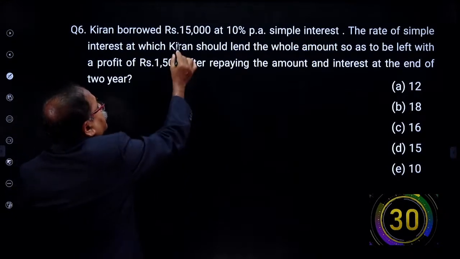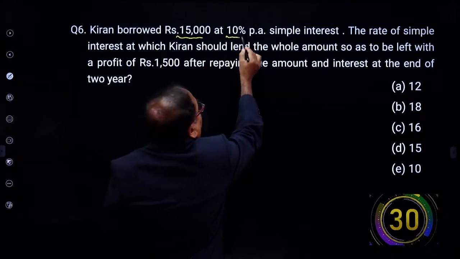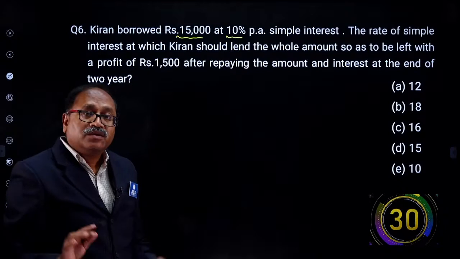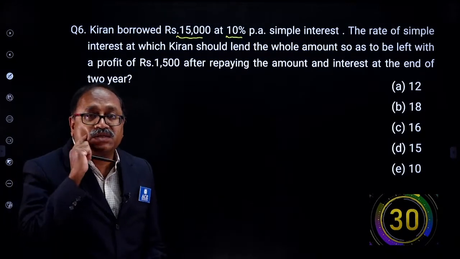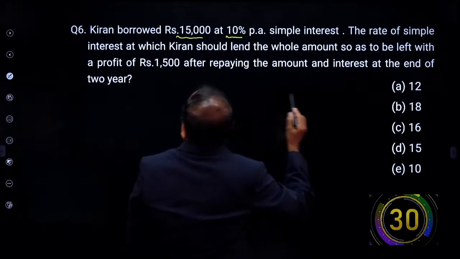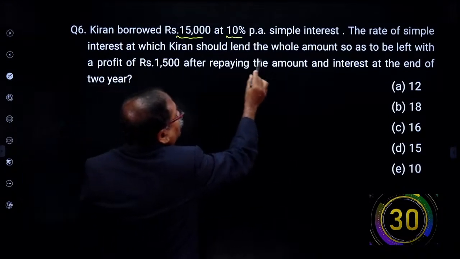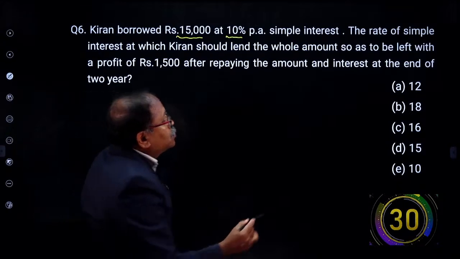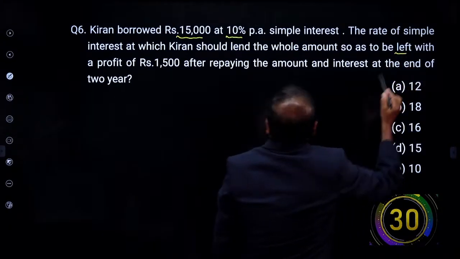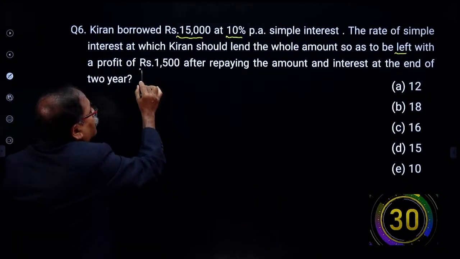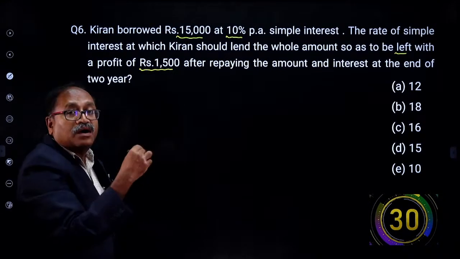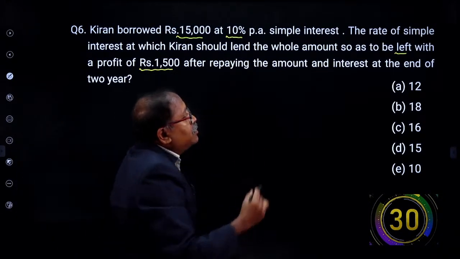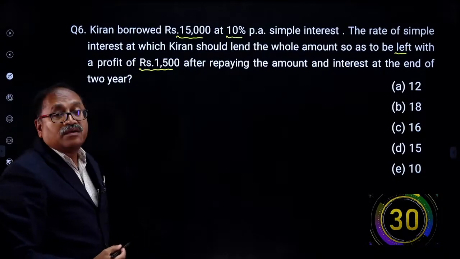Current borrowed rupees 15,000 at 10% per annum simple interest. Okay, principal is there, rate of interest is there. The rate of interest at which Current should lend the whole amount, so as to be left with a profit of rupees 1,500 after repaying the interest at the end of the year.